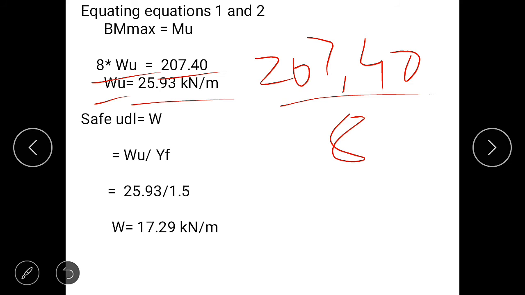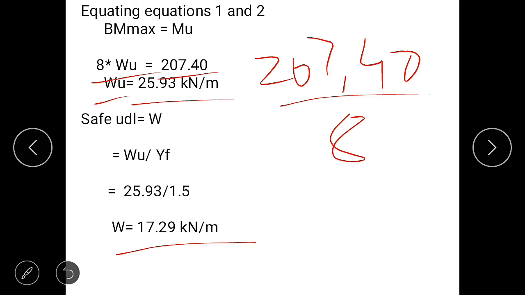So we have to find the safe UDL. Safe UDL is Wu divided by gamma F, gamma F is 1.5. So 25.93 divided by 1.5, so W is 17.29 kilonewton per meter.